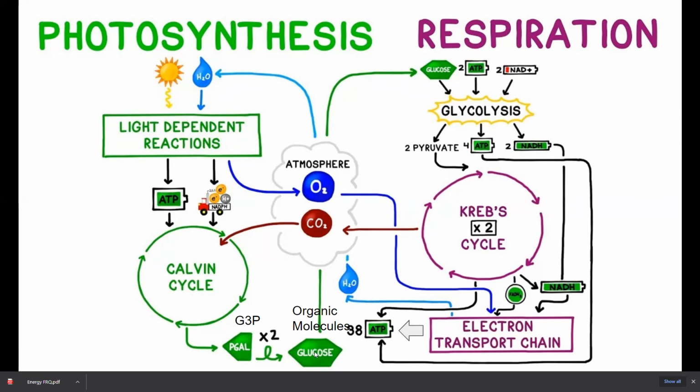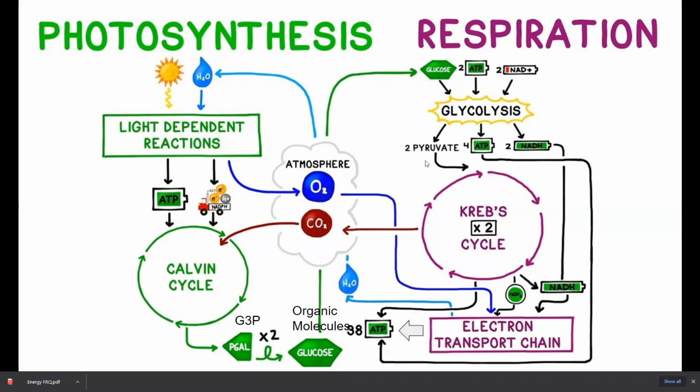When you get glucose and other organic molecules, that is going to feed into respiration, which takes a little bit of ATP and NAD plus in order to power glycolysis. You get 4 ATPs, so again, you get a net of 2 ATP, and you get 2 charged NADHs in the reduced form.